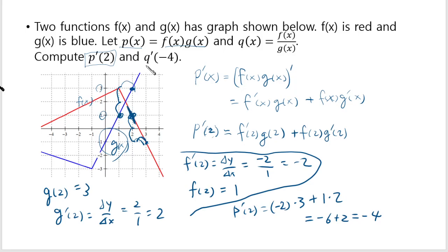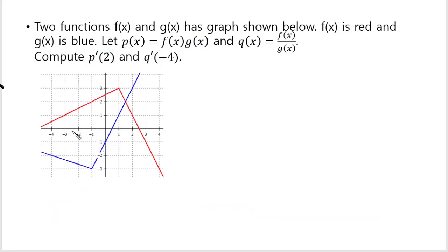Let's do q'(-4). It's basically the same thing. This time q is a fraction, so when you differentiate you require the quotient rule: f'(x)g(x) minus f(x)g'(x), over g(x) squared.